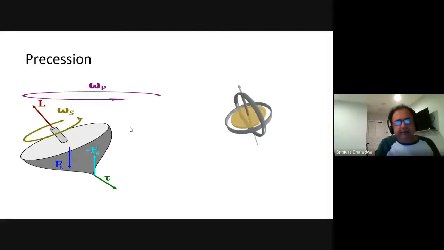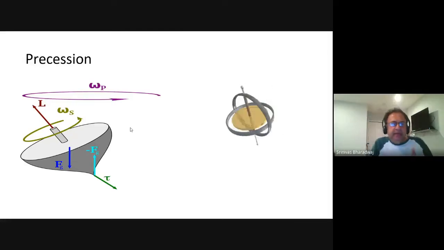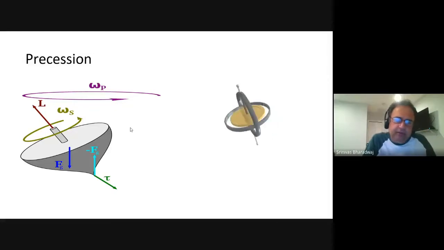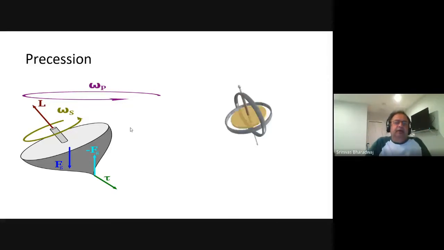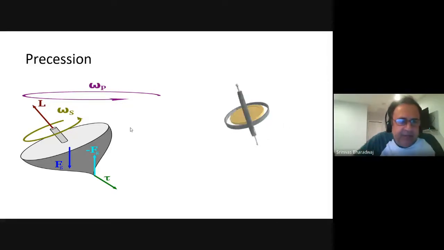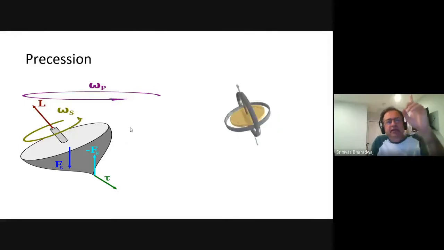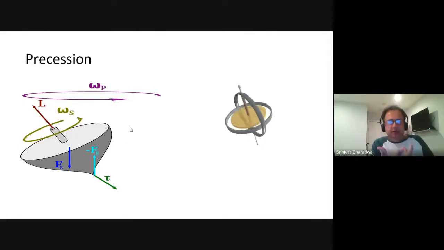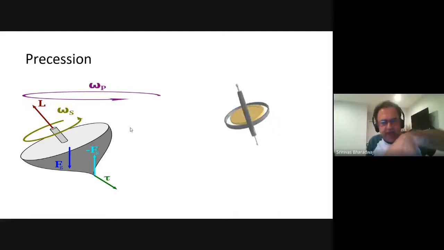If you tap it, there is a displacement of the top. Previously, there were two forces acting on it: when a top is spinning, there's the weight which acts downwards, and the normal force from the point of contact which completely repels it.